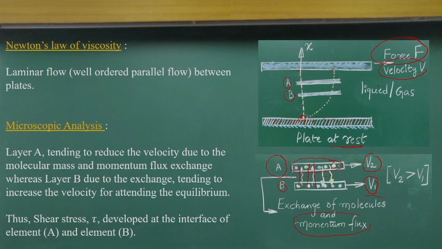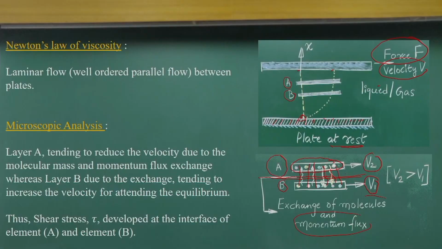Whereas the molecules in the A packet, exchanged back to B, will try to increase the velocity of that packet, on average. So, in these artificial boundary layers, we cannot see it, but we can visualize these problems.